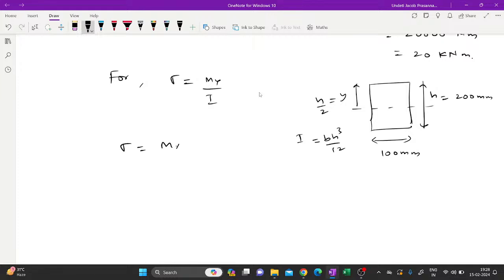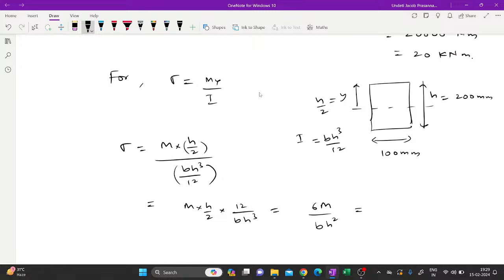Sigma is equal to M into H by 2 into 12 by BH cube, which is 6M by BH square.